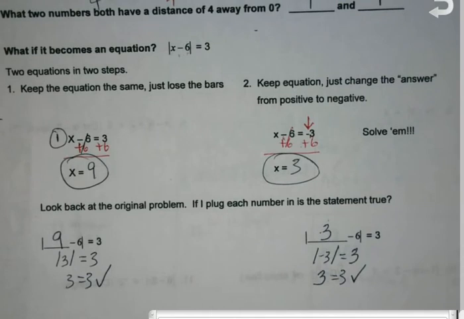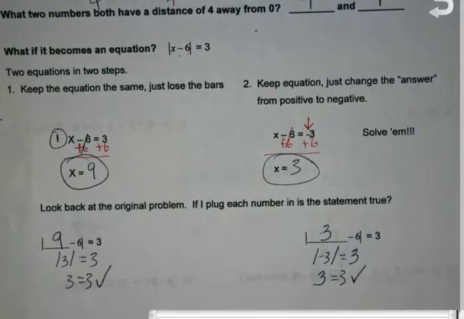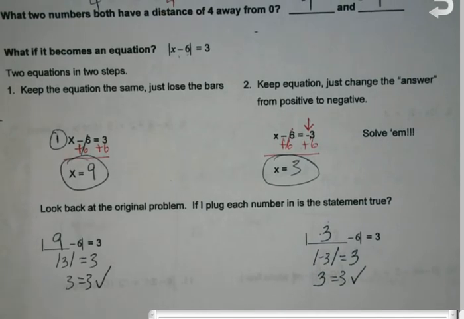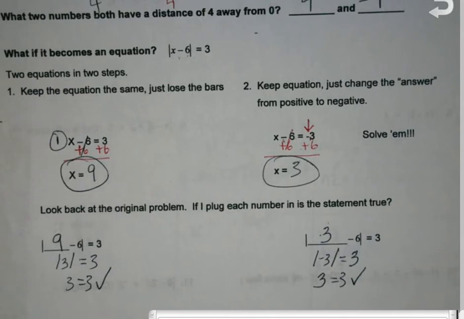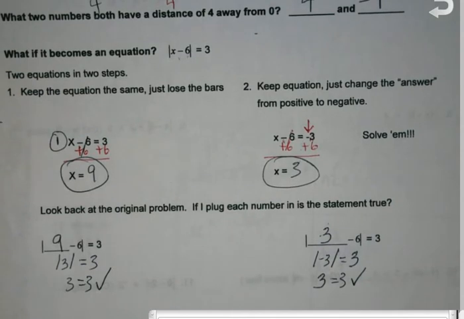Absolute value is about distance, and distance is always a positive thing. If I stood here and took 3 steps, I walked a distance of 3 steps. If I turn around and walk back the same 3 steps, did I go a distance of negative 3? No, I moved 3 steps forward.